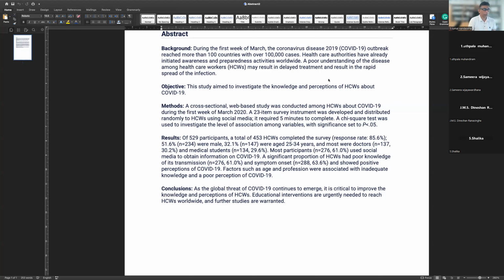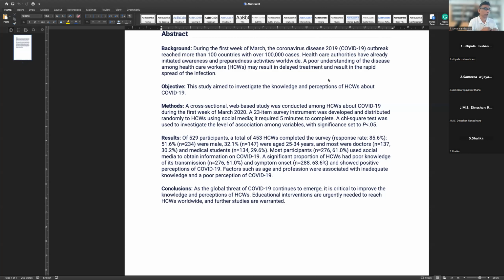I think it's a good experience to see how difficult it is to reduce the number of words in an article of about 2000 or 3000 words. Finally we have to reduce it to 250 words, and while reducing to 250 words, it should be readable and understandable, and we should also be able to give the necessary information in the abstract.